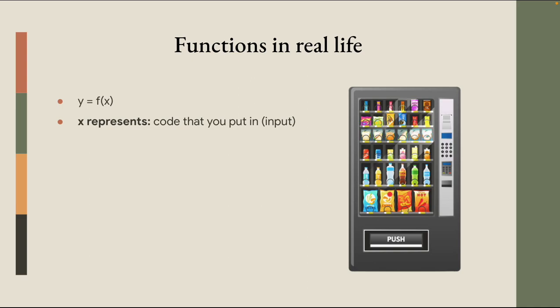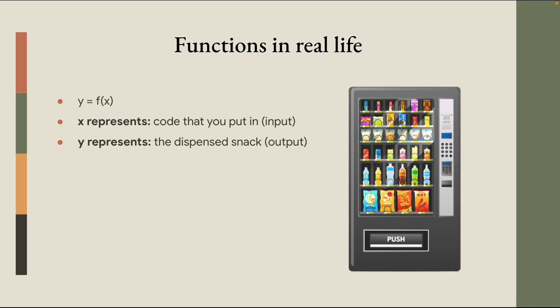We input a code, maybe A7 or D4, whatever the code is. We put that in the vending machine, and we get an output. What was the output we said? The snack, right? Yeah. The snack. So we input a code, we get out a snack. So x is the code, y is the snack.